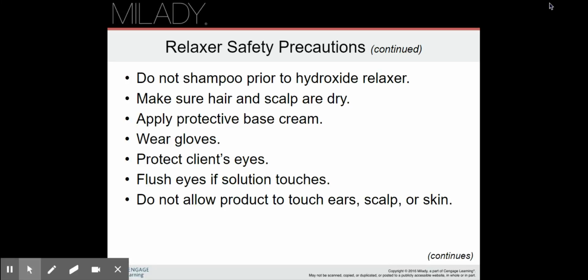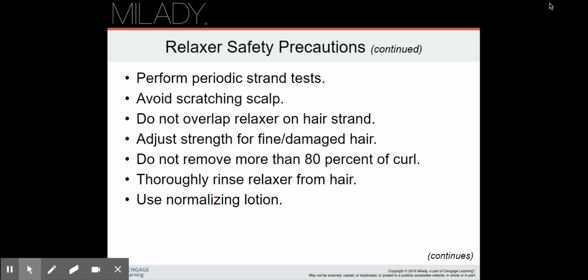It will burn their skin. Perform periodic strand tests. Avoid scratching the scalp. Do not overlap relaxer on the hair strand. Adjust the strength for fine or damaged hair. Do not remove more than 80% of the curl.